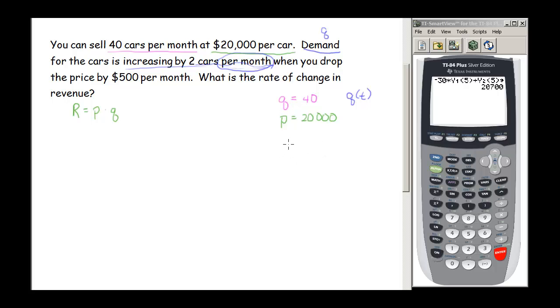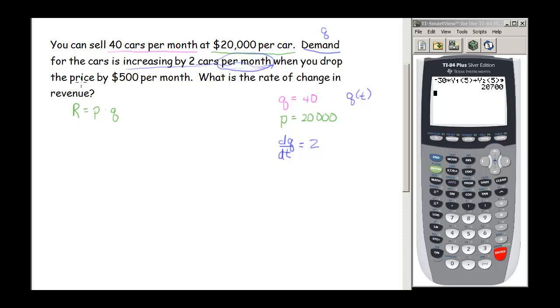And when I write the derivative, because this is telling me the derivative, the rate of change in Q, I'm going to use that differential notation. So I have dq dt. So we're told that dq dt is positive 2. Now it's positive because they tell us it's increasing.